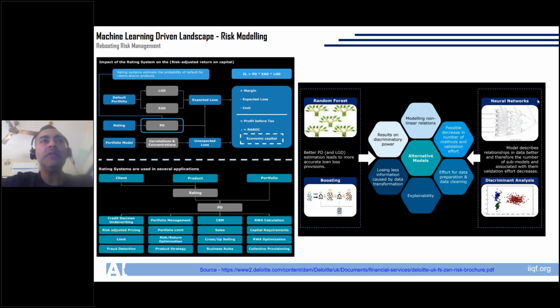It is very pervasive and imminent that it will more and more disrupt all these fields and subfields within the banking world.